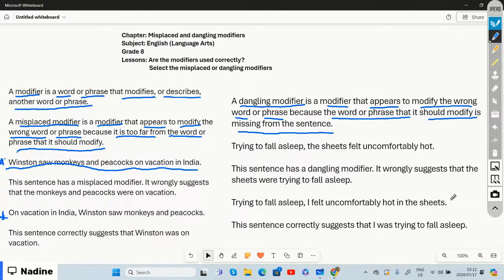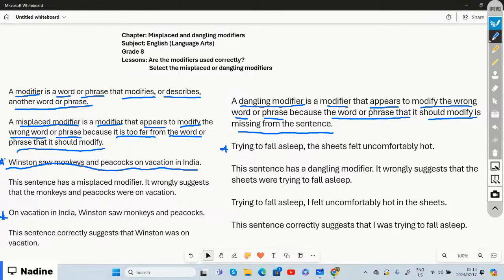All right. And if we look at an example, it says, trying to fall asleep, the sheets felt uncomfortably hot. If we look at that sentence, it is a dangling modifier.